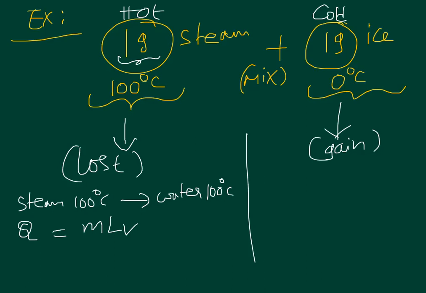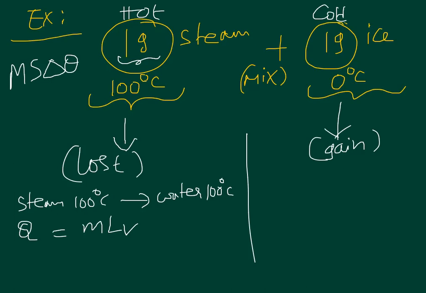We have to use this formula if there is a change of state. So there is a change of state, no doubt. See here, this is steam, and now it's converted to water. Steam to water is a change of state. So we have to use the formula mLv. We have only two formulas, right? One is m s delta theta. When should we use m s delta theta?